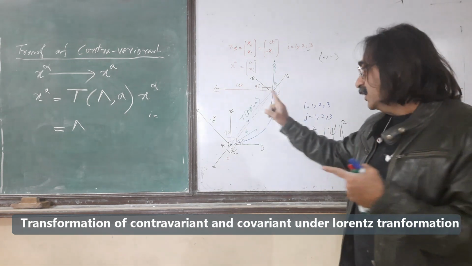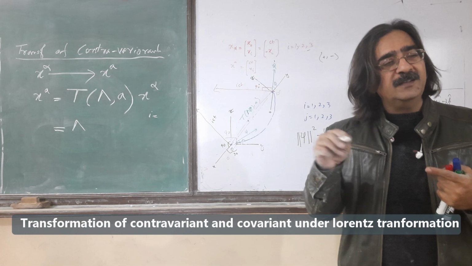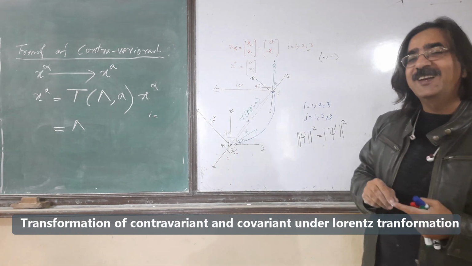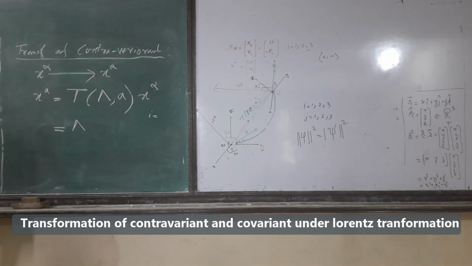If you are considering alpha, beta, gamma and the Greek indices, then that will represent the 4-vector, 0, 1, 2, 3. Got it? Gamma, that is rotation in 4 dimensions. Okay, Lorentz transformation.